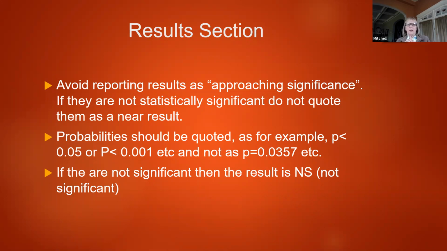And as Richard mentioned last week, I think he said the p-value should be reported as less than 0.05 or less than 0.001 and not as an equal specific p-value. And non-significant findings should be reported as non-significant. Okay, next slide.